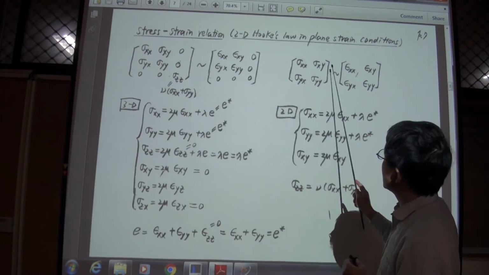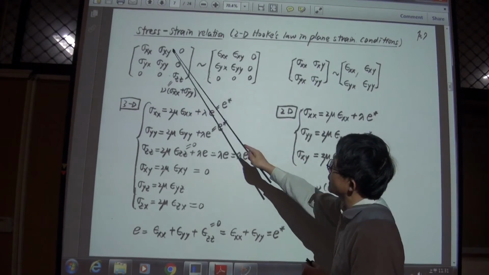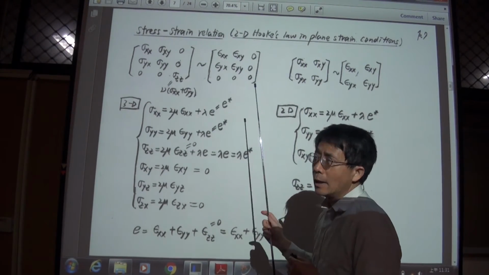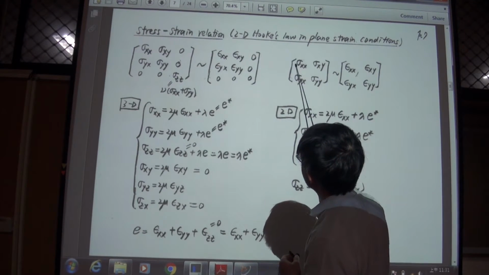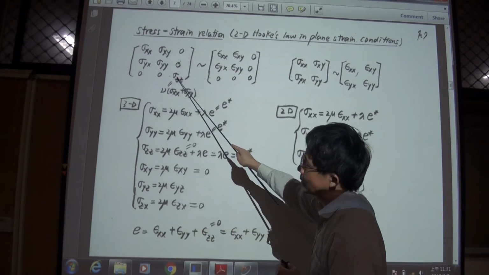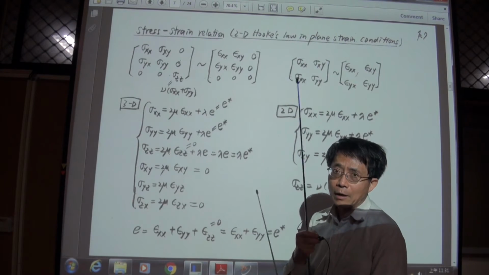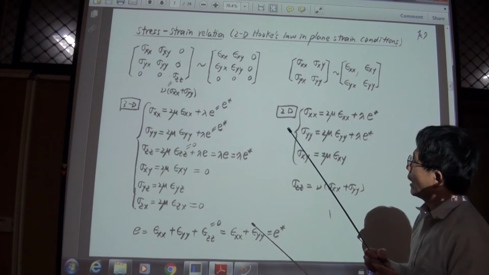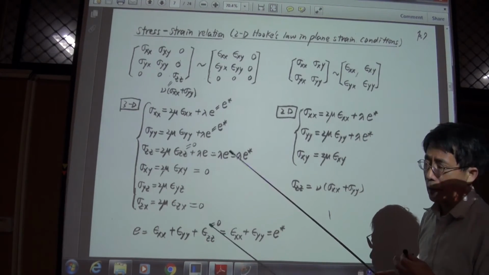Why? Because if we relate this small one to this small one, we can solve the problem. And once we can solve the problem, we can get sigma xx and sigma yy, and then we put them into here to get sigma zz. So sigma zz can be obtained finally. Okay, so now we concentrate on this part.